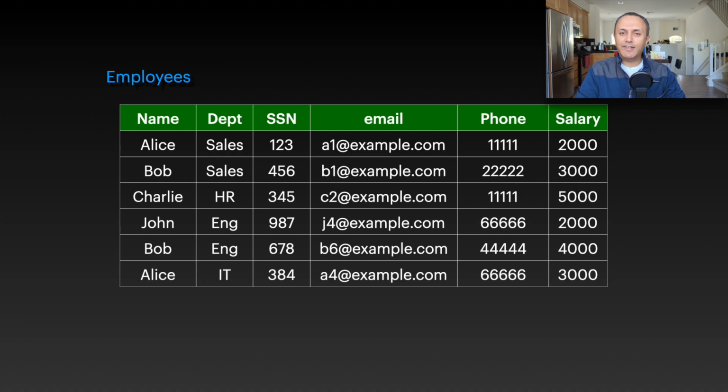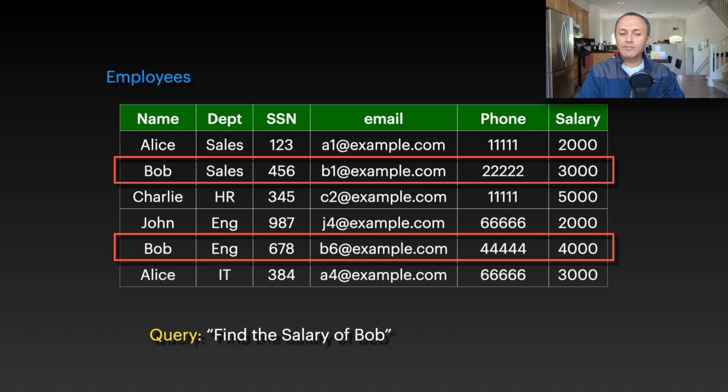Now, suppose that we have a question like, find the salary of Bob. So I want to be able to find the salary of this employee called Bob. The problem is, with the data that we have here, we don't know which Bob we're talking about. There are two Bobs.